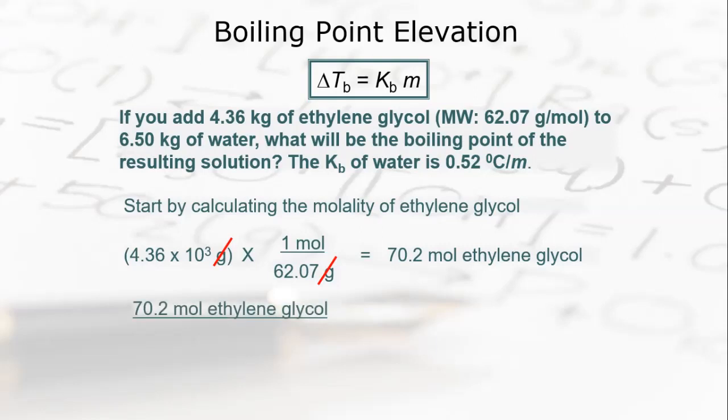And so we have 70.2 moles of ethylene glycol in 6.50 kilograms of water, which is the unit you put for molal. And moles per kilogram, that gives us molal, and the concentration is 10.8.